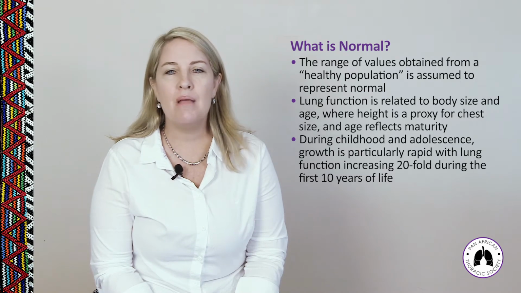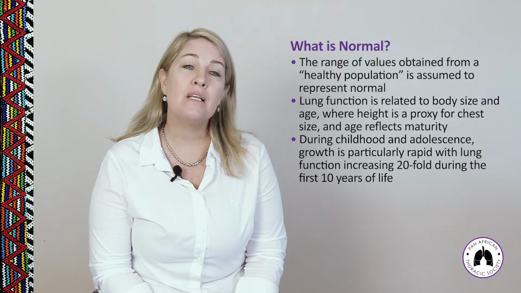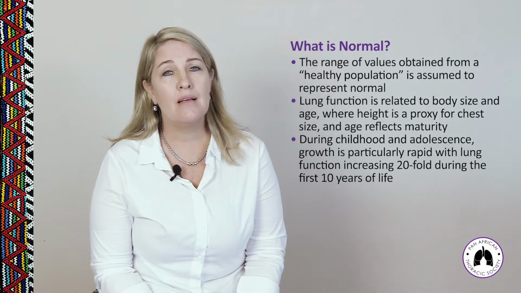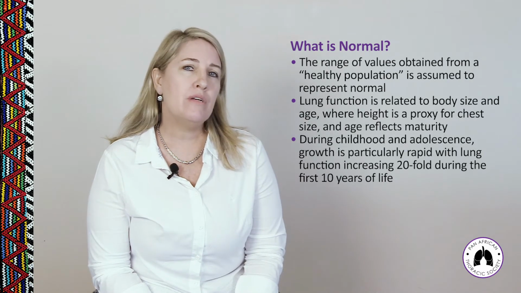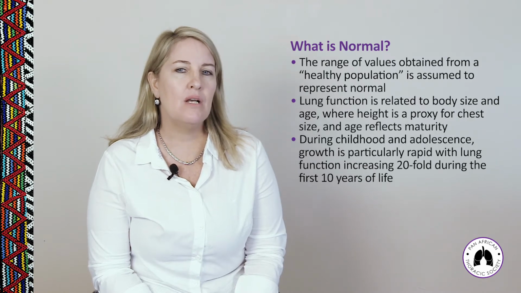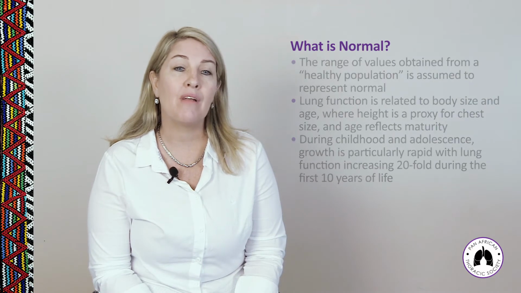Unlike many other medical observations, lung function measurements are related to body size and age, where height is a proxy for chest size and age reflects maturity. During childhood and adolescence, growth is particularly rapid, with lung function increasing 20-fold during the first 10 years of life.